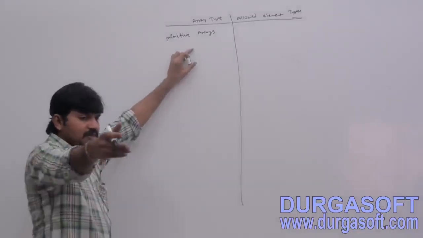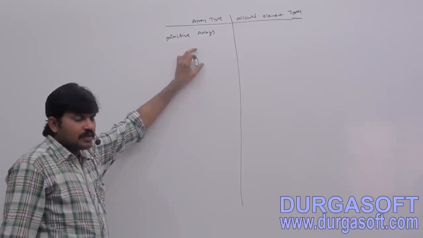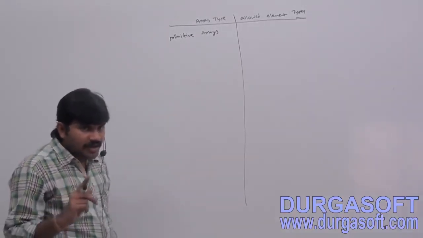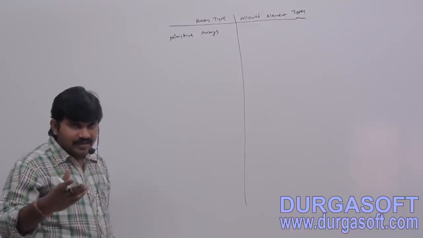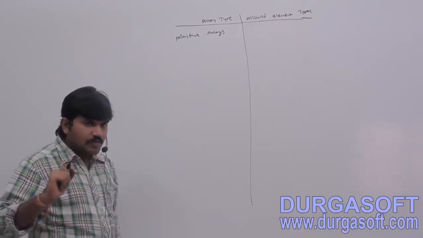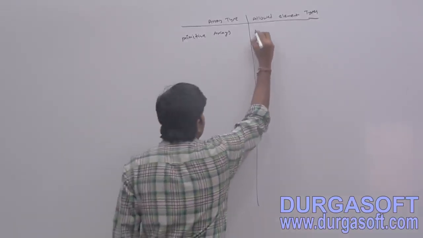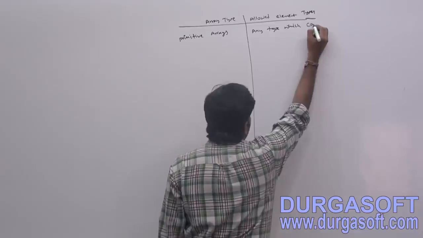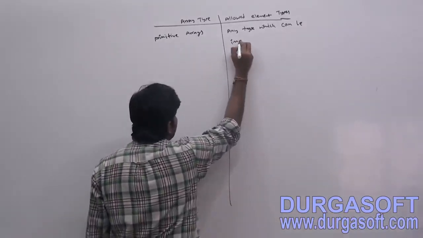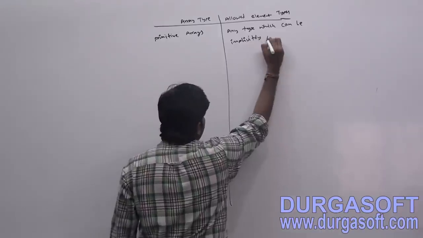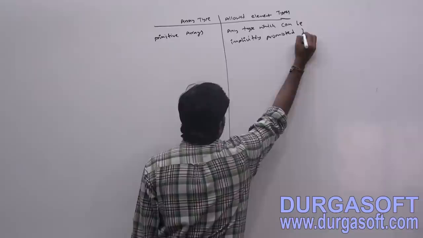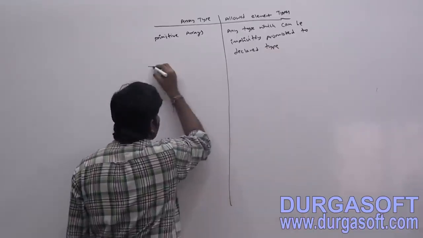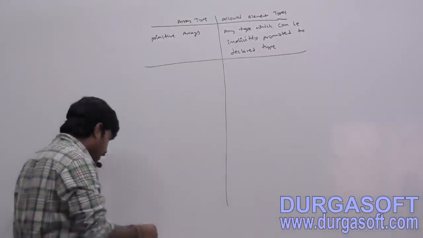In the case of primitive type arrays, as array elements we can provide any type which can be implicitly promoted to the declared type.